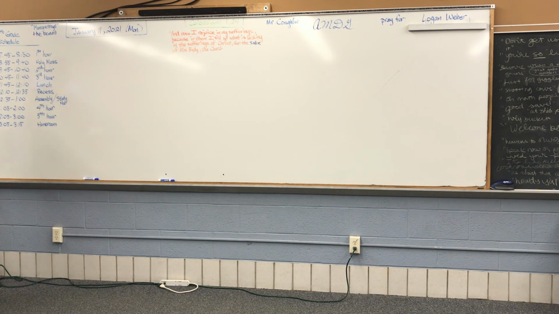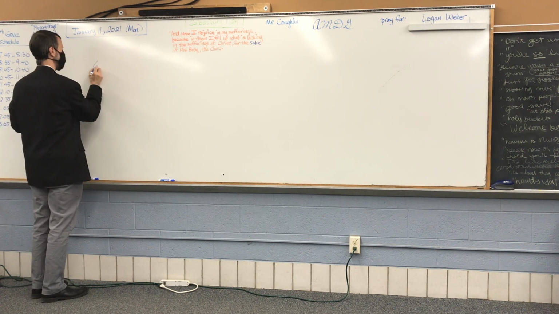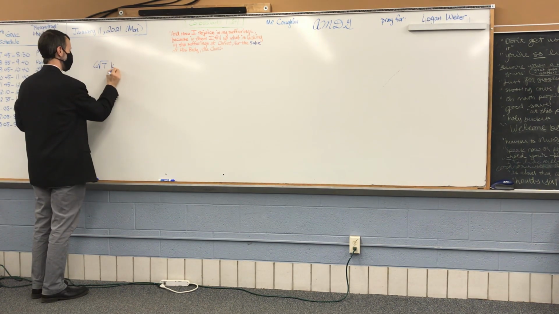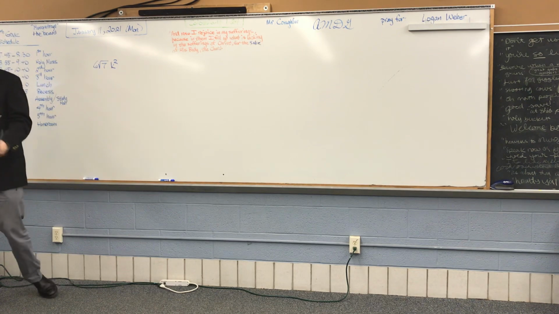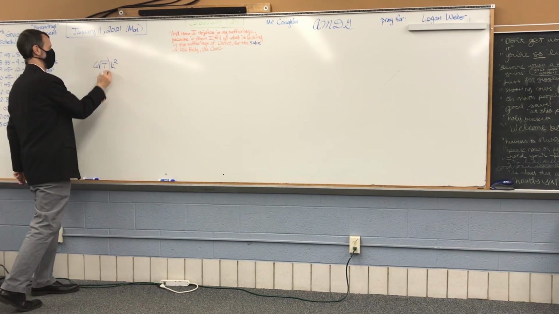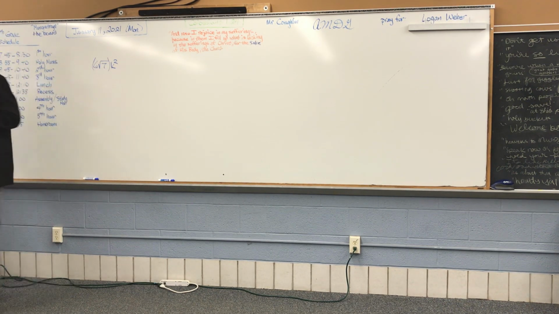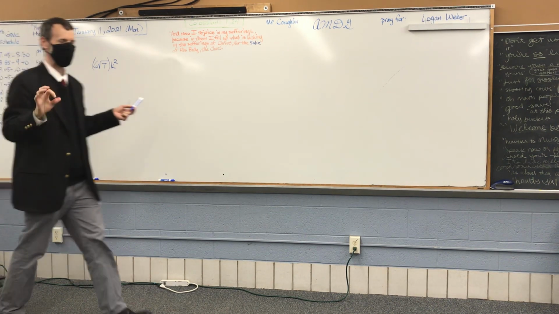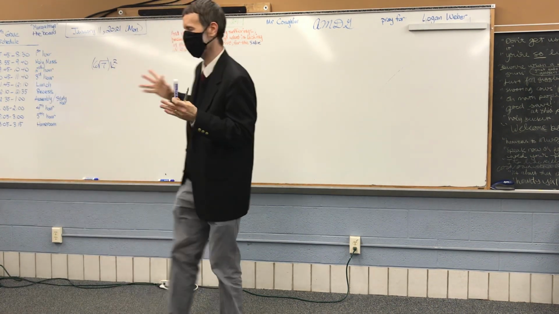Some people are asking if you can do this. I would like you to do this to make absolutely sure that the k squared is not under the radical, because if it's snug up against it, it can look kind of confusing.